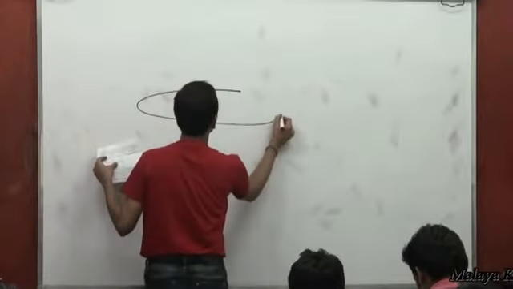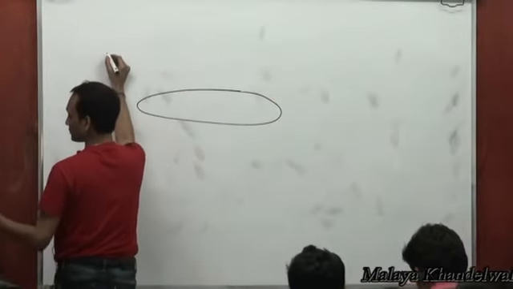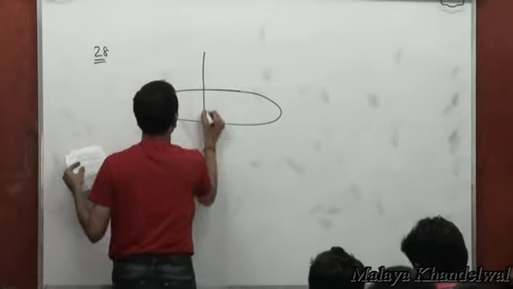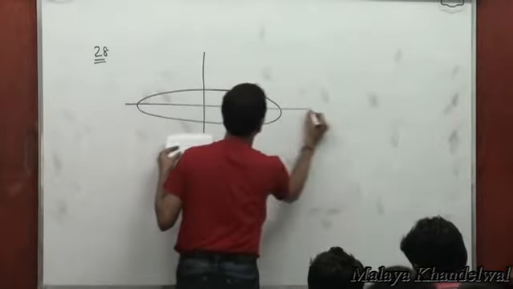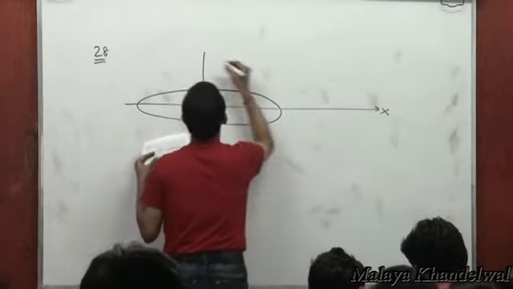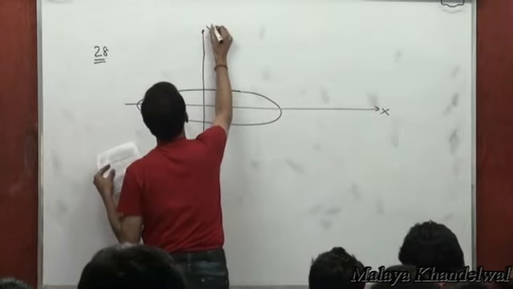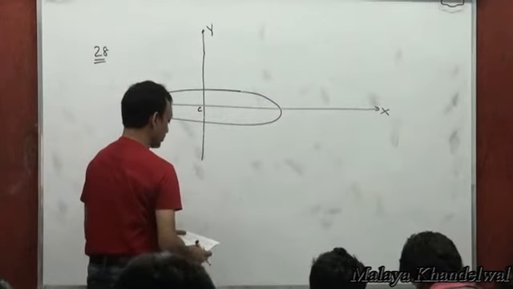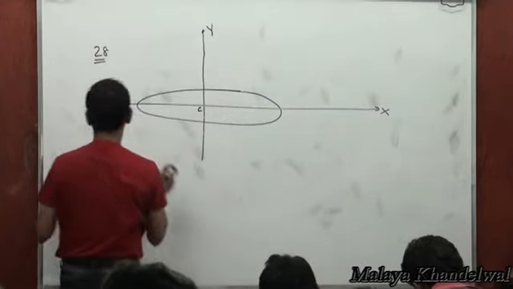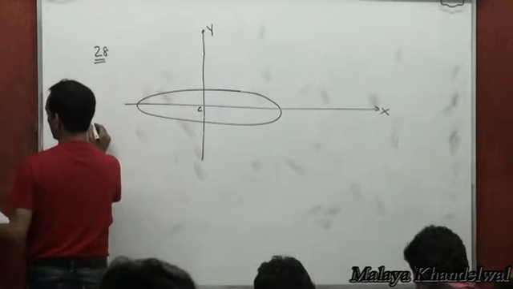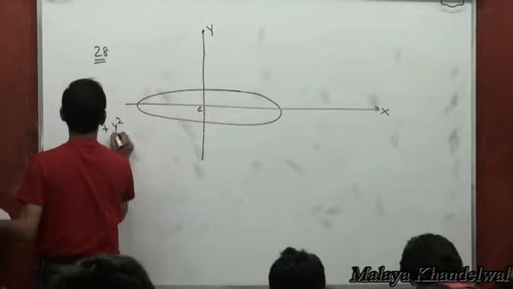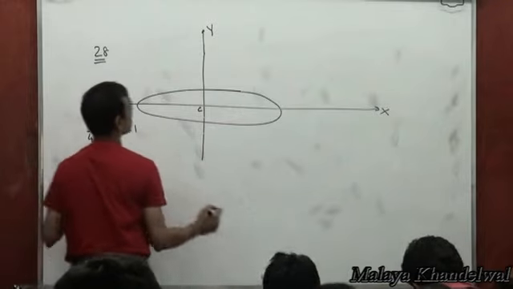So we have an ellipse. This is problem 28. P is any point in the first quadrant on the ellipse x squared by 4 plus y squared by 1 equal to 1.